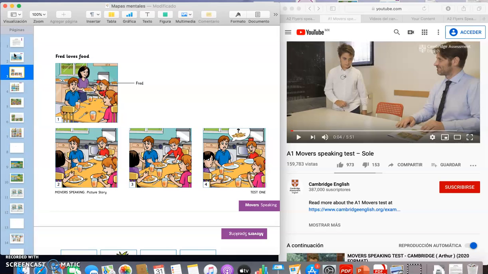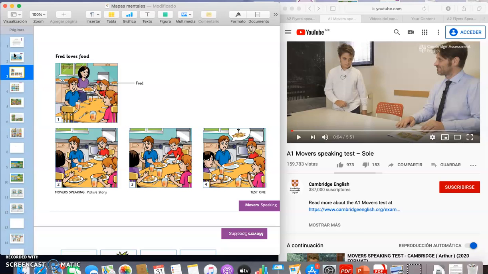In the next part, you have four images. The examiner will ask the child to watch each image carefully, and then we'll start with the first image. In the first image, the examiner will start the story.